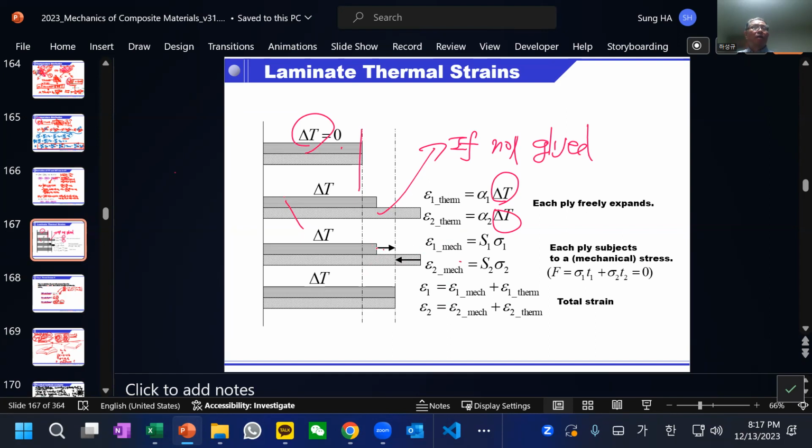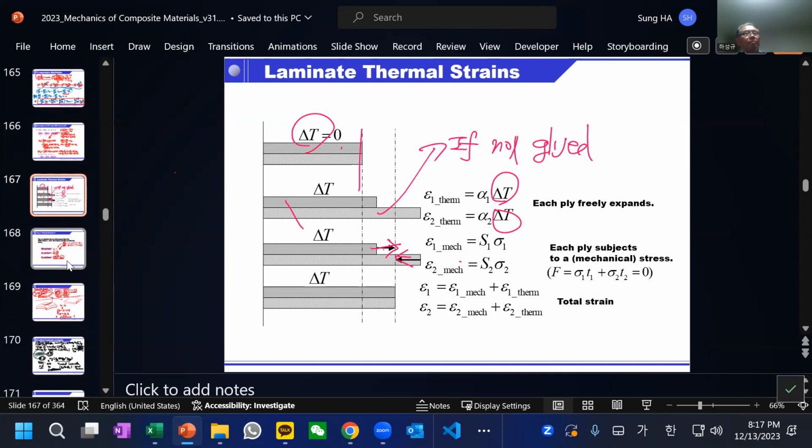This one will be in tension, and this will be in compression, so that they can deform together. So that's why we always have stresses inside, caused by the thermal distributions.